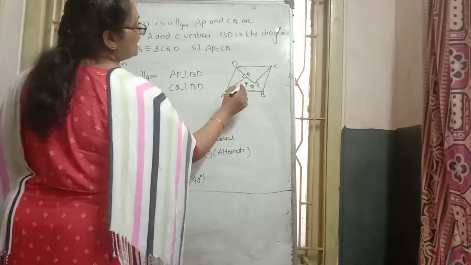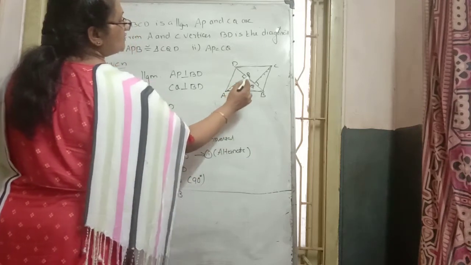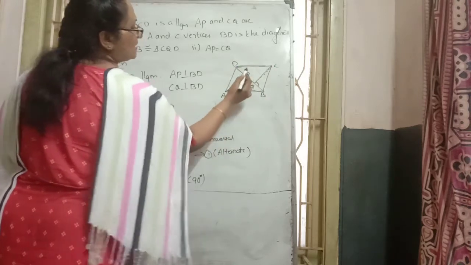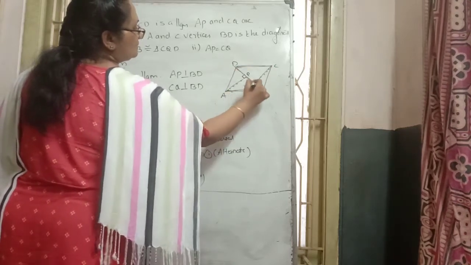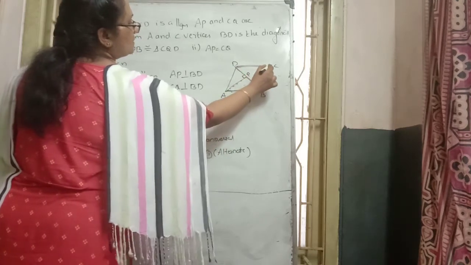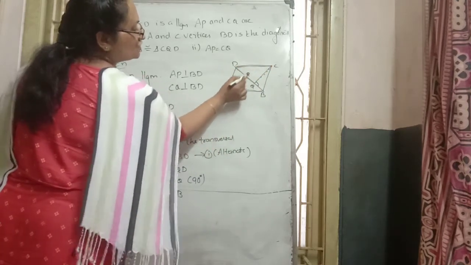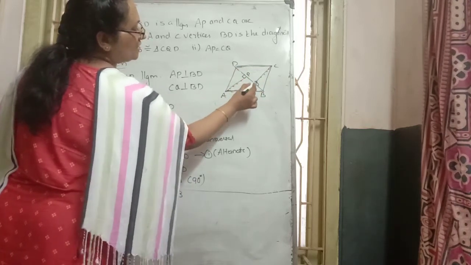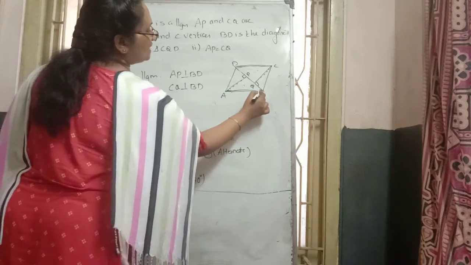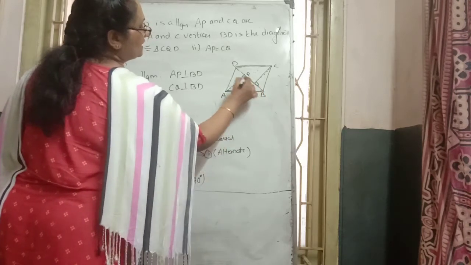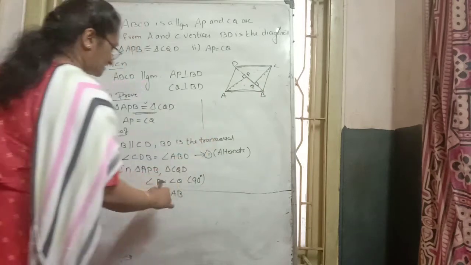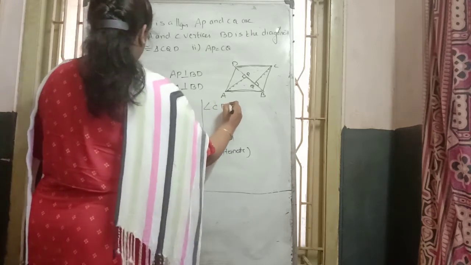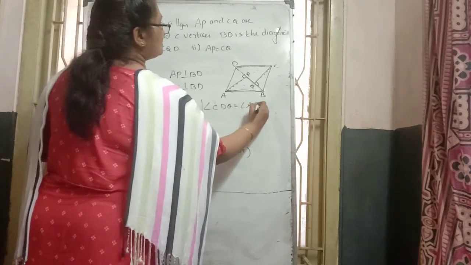Here also, AB and CD are parallel lines cut by the transversal BD, so they make alternate angles. But these two small triangles have to be read properly, so we read CDQ and ABP. The third case: angle CDQ is equal to angle ABP.